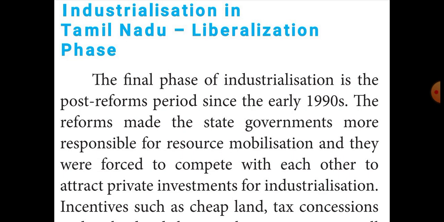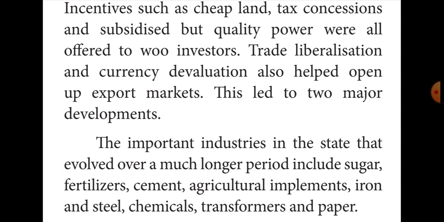Then tax concessions and subsidies, that means the government banks gave some loans for the industries, and quality power was also offered to those who seek to win. Trade liberalization and currency devaluation means reduction. These also help to open up export markets.